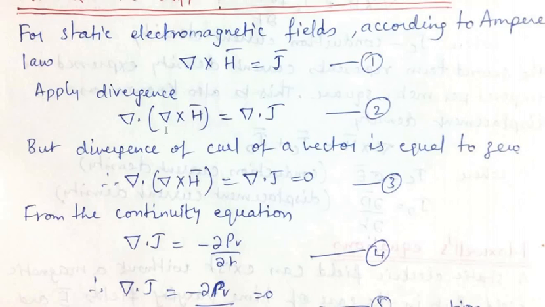This del cross H is the curl of H. But the divergence of the curl of a vector is equal to 0. Therefore del dot del cross H is equal to del dot J, and this is equal to 0.